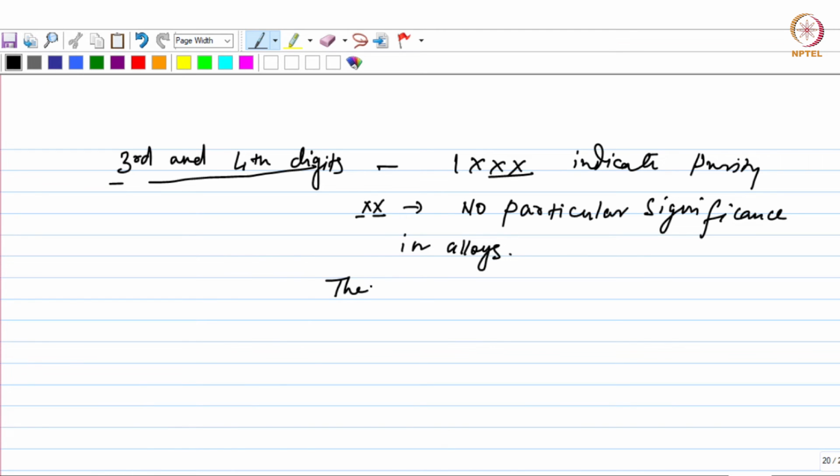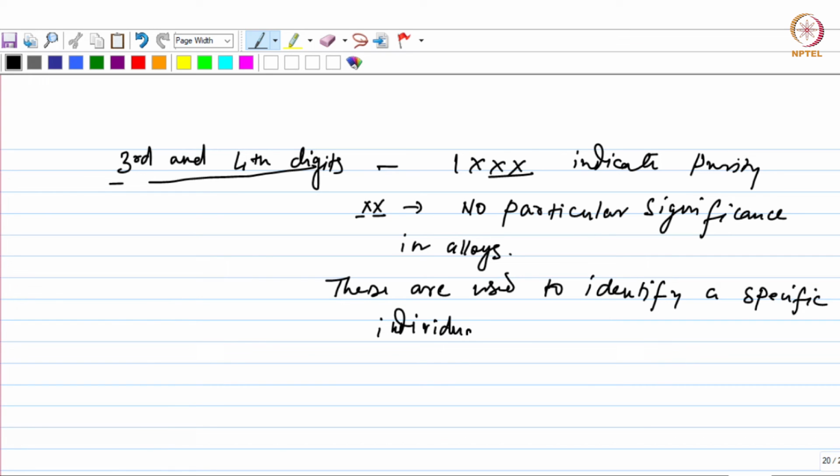They're used only to identify a particular type of alloy in a given series. And they do not have any other role assigned to them. And their sequence also does not mean anything special.